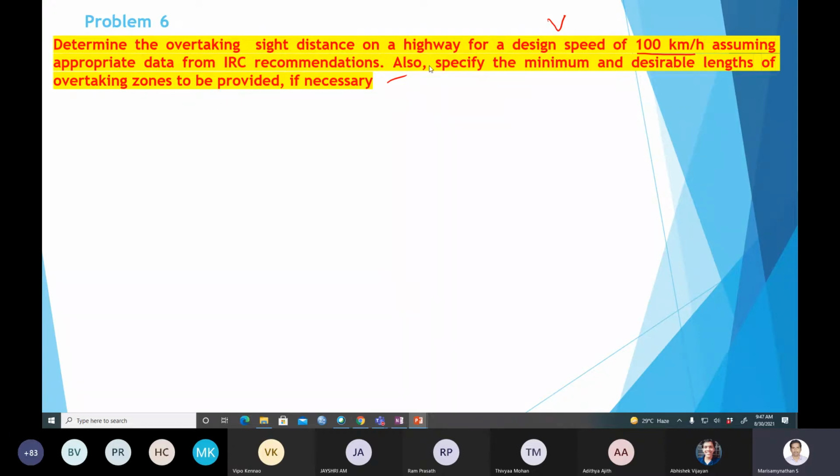But before that, I already defined the equations for the overtaking sight distance, which is defined as OSD equal to 0.278 into the speed of vehicle B into reaction time, plus 0.278 into VB into T plus 2S.